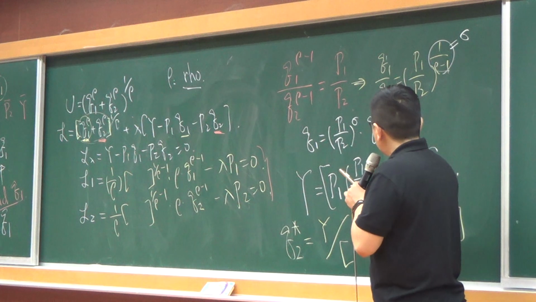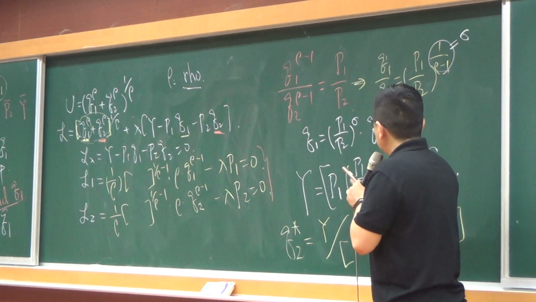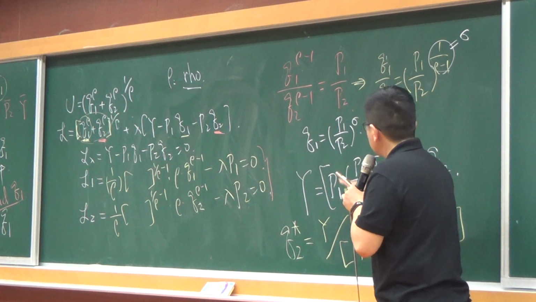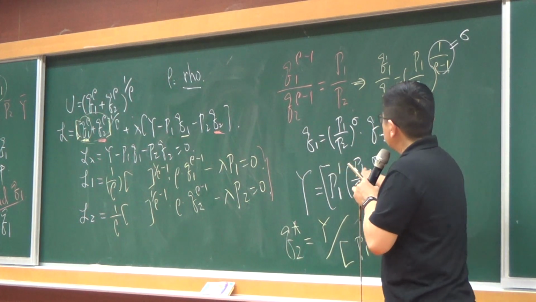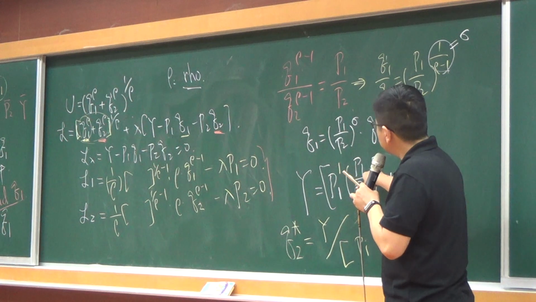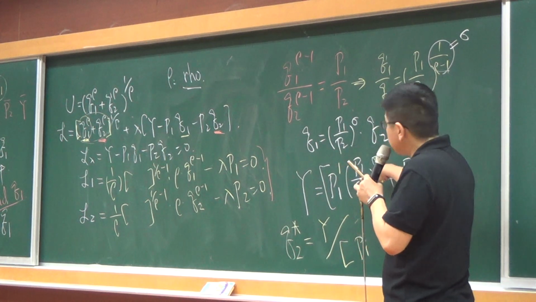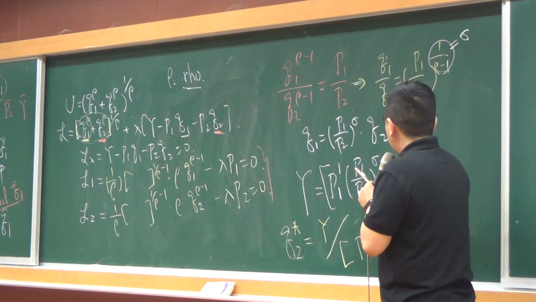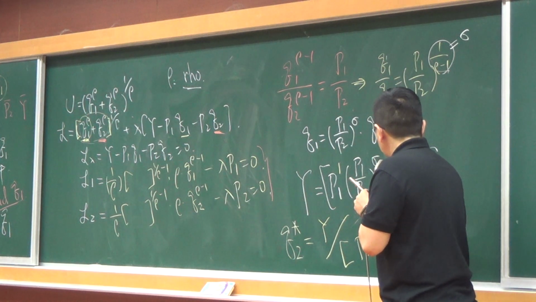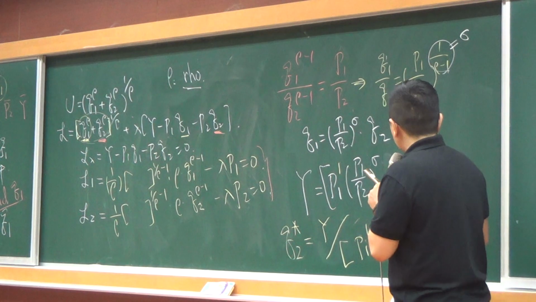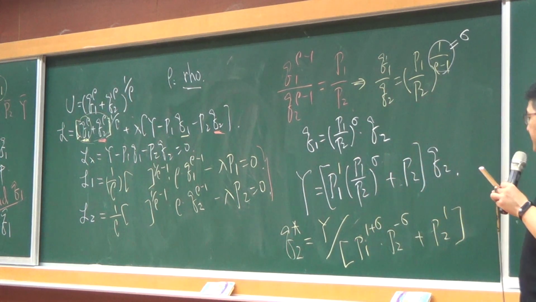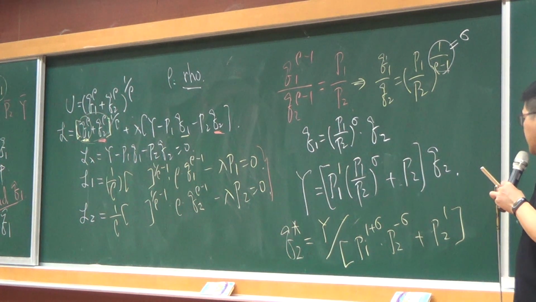And you will see P1 to the power of 1 times P1 to the power of sigma, so it's 1 plus sigma, and P2 to the power of negative sigma, plus P2 to the power of 1. Alright?